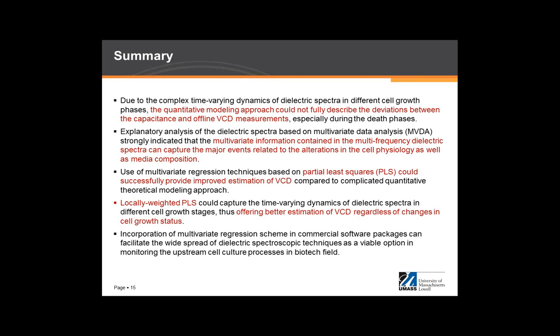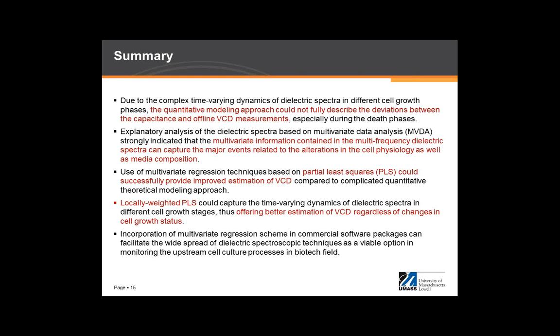And to summarize what we have presented so far, the first one is that due to the complex time varying dynamics of the dielectric spectra, most biopharmaceutical applications are facing this technology being utilized in a limited fashion. So based on that, we made an assessment that we need to look at the full spectrum instead of the spectral value at a specific frequency.